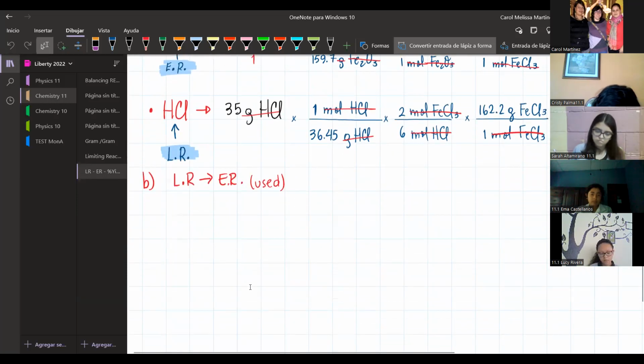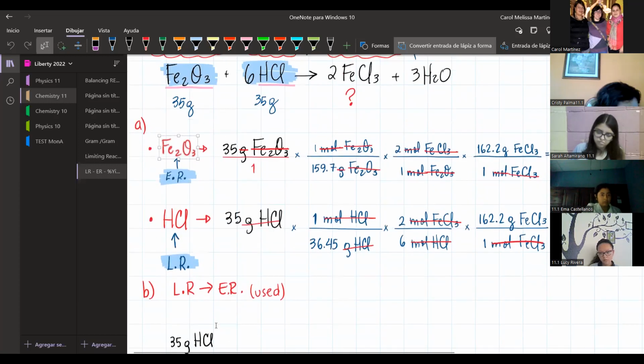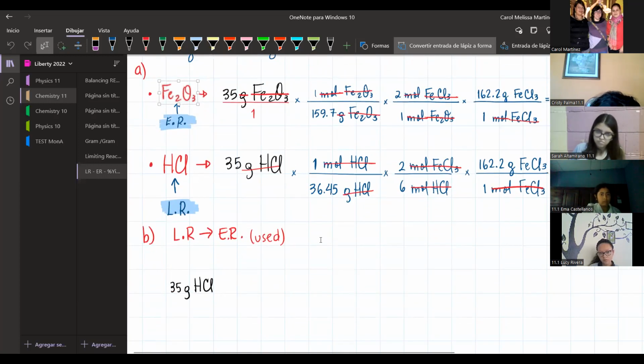So we're going to start with the limiting reactant. In the limiting reactant, I have 35 grams of HCl.